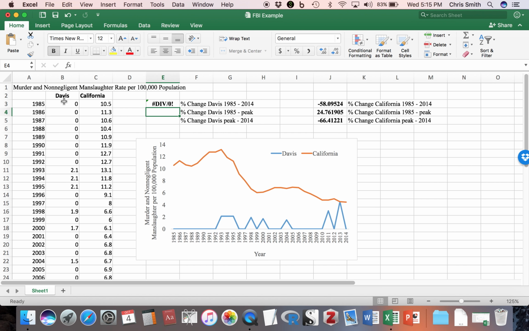What happened here? Hopefully you noticed this. You can't divide a number by 0. We're essentially trying to calculate the difference of 0 minus 0 divided by 0. You can't do that. The same would happen for this one. And if we wanted to do the percent change in Davis from the peak to 2004, it's also weird.